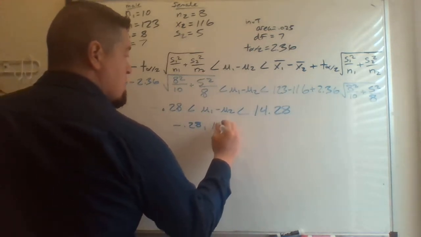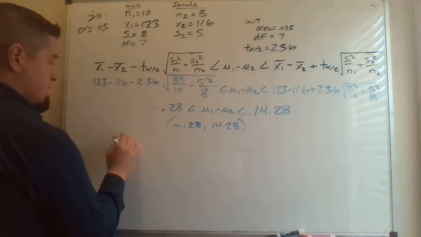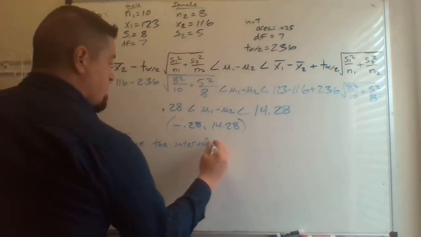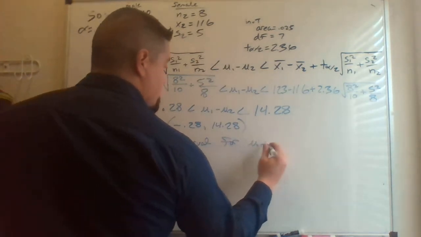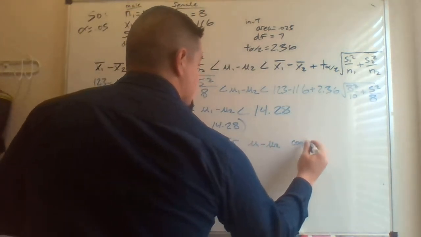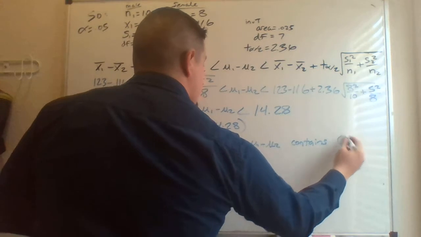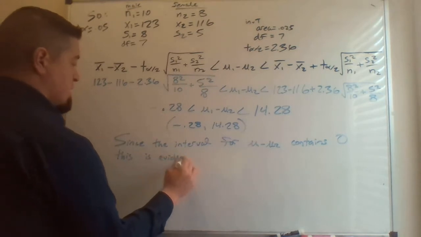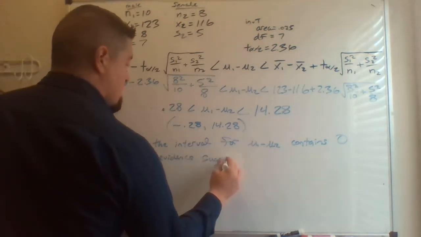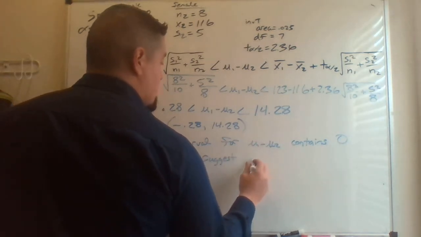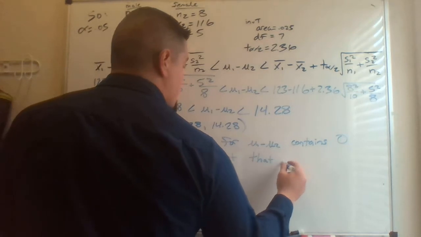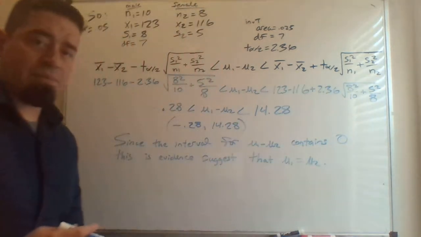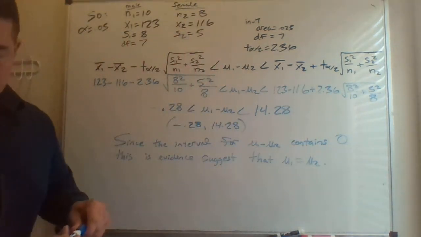Here's the confidence interval, and we can say something like, since the interval for the difference between males and females contains 0, this is evidence to suggest that mu1 equals mu2. And so that's how you conduct the hypothesis test.